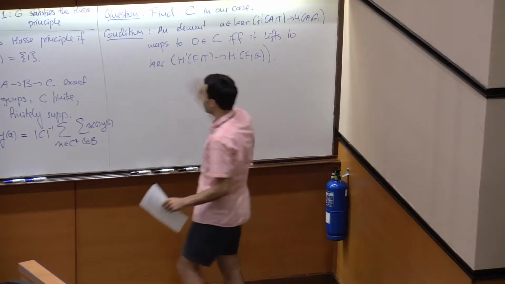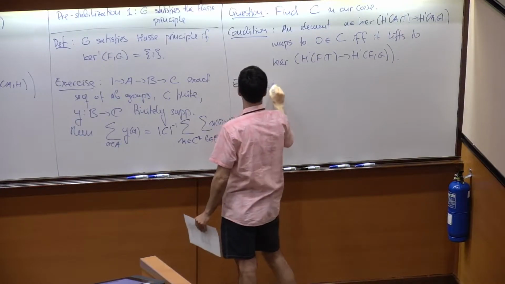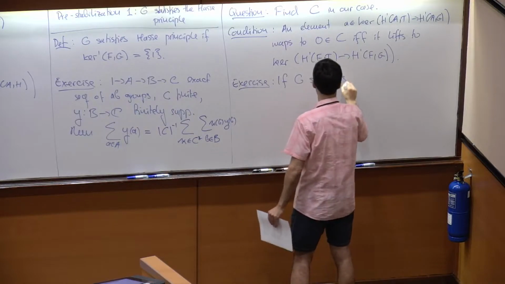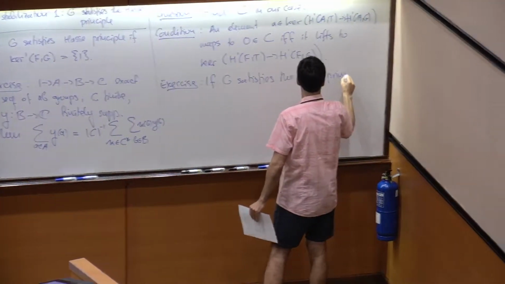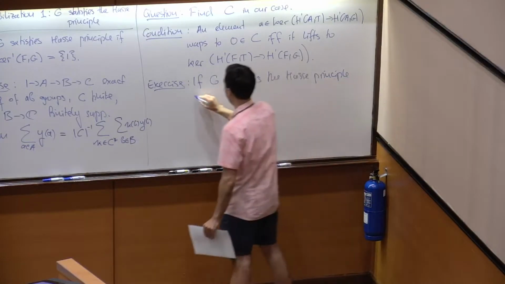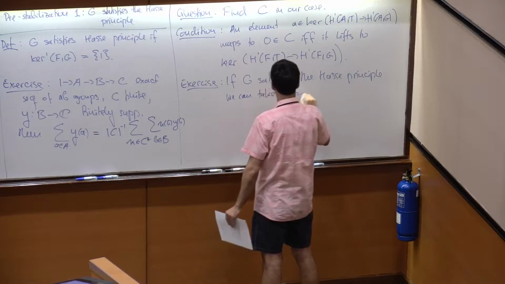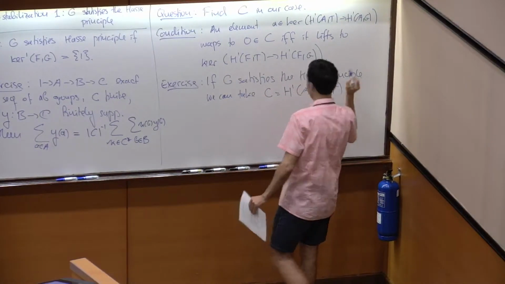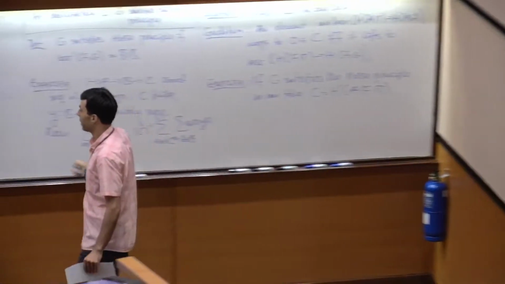And so here is an obvious exercise for you. If G satisfies the Hasse principle, then we can take C to be H1 A over F T, just like we did in the case of SL2 here.